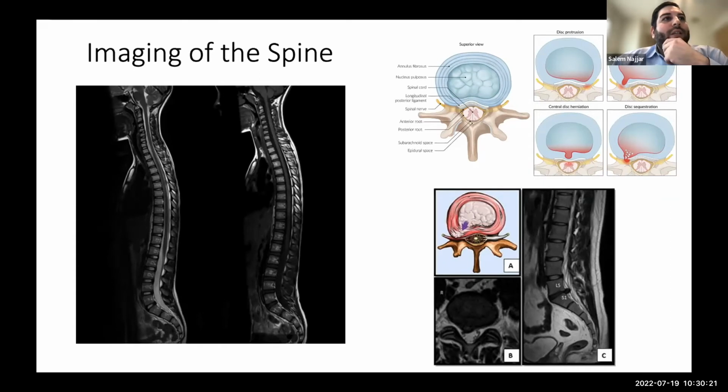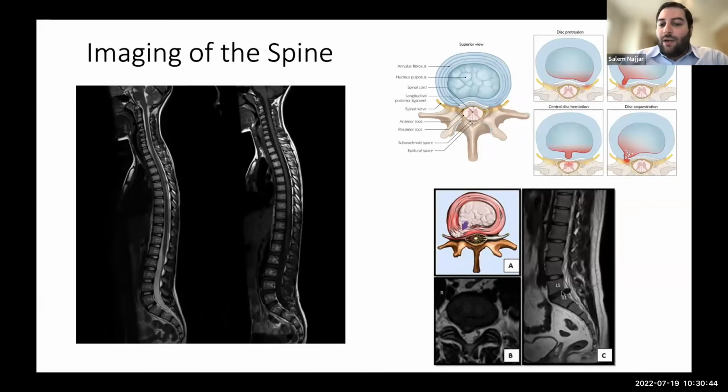So somebody mentioned, yes, it's below from C8 and down. So below C8 or C7, the nerve root will exit below its corresponding vertebra. Above that C7, C8 level, the nerve root will exit above its corresponding vertebra. And that makes sense because there's a C8 spinal cord, but there's no C8 vertebra, right?